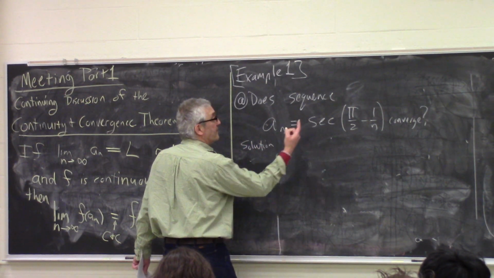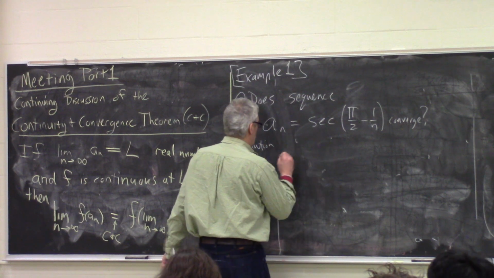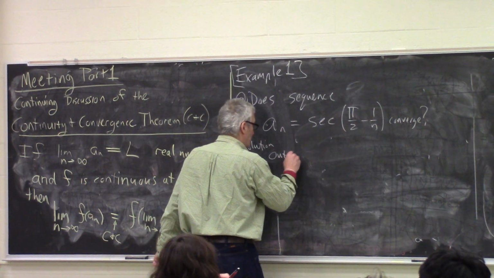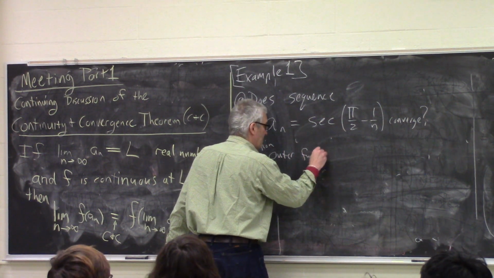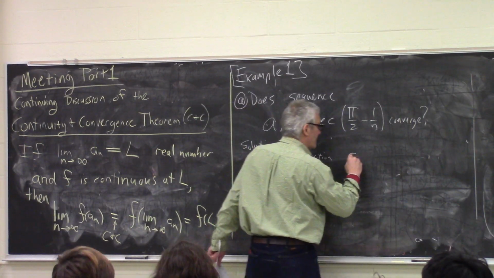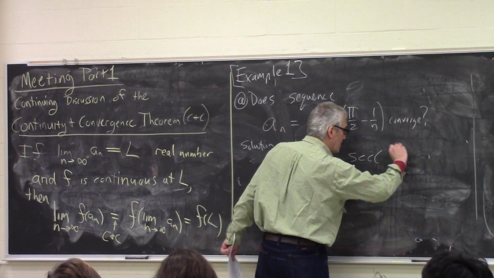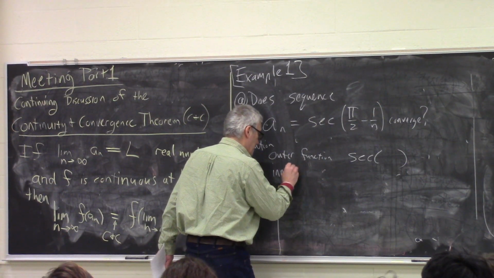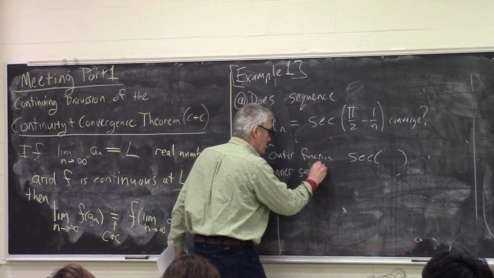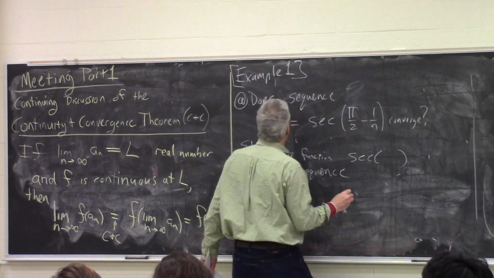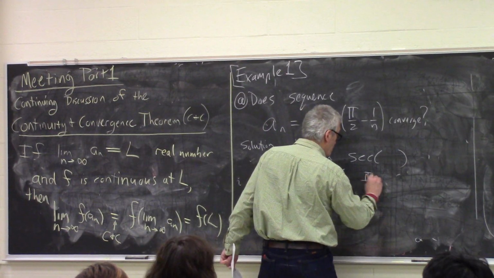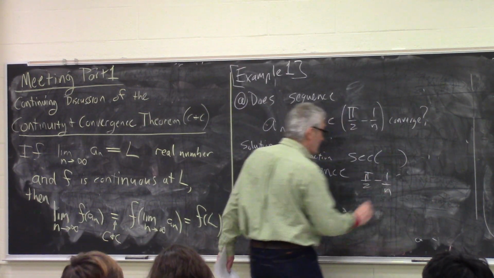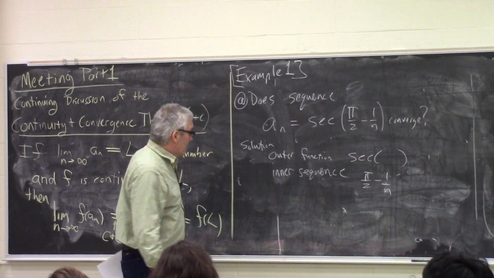Notice this outer function is the secant function. The inner sequence is pi over 2 minus 1 over n. Let's see about the inner sequence.